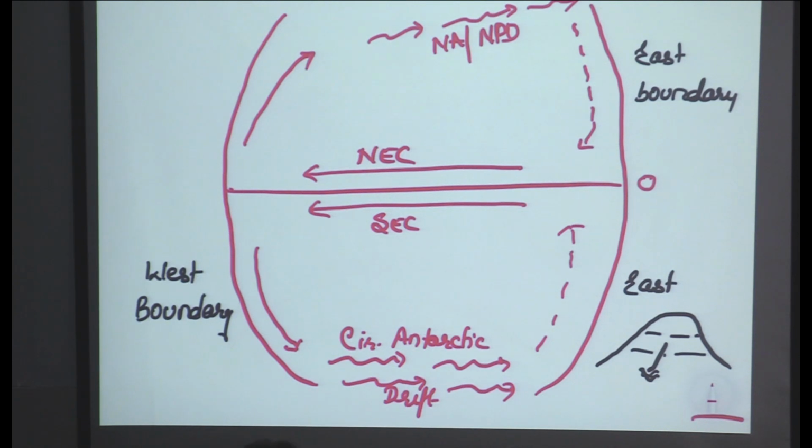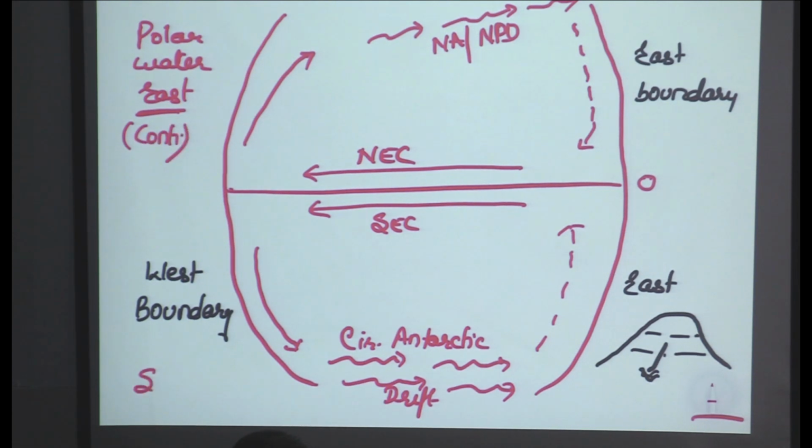Now what I need to understand with this is that once I take the polar water, it tends to move towards the east. In the Northern hemisphere it goes northeast because of the continental boundary. In the Southern hemisphere it goes absolutely east because the Southern Ocean doesn't have any continental boundary.